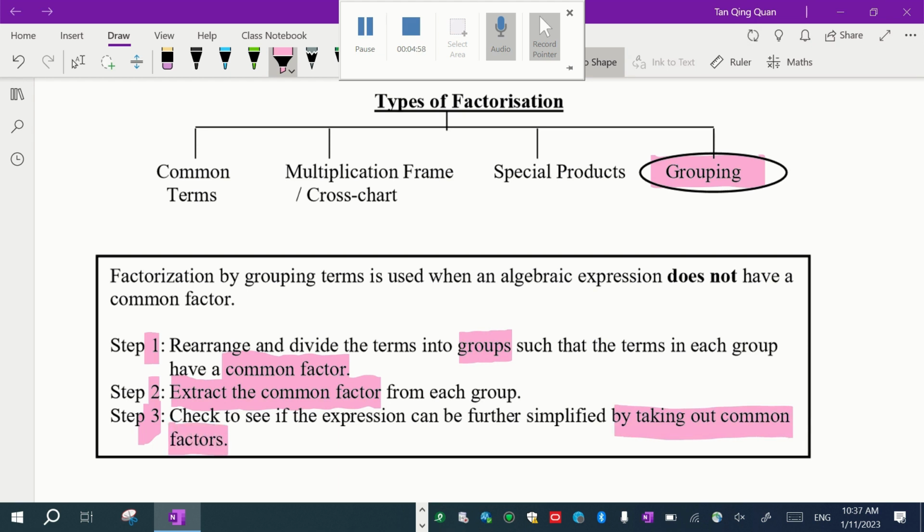Okay? The next part of the video will share with you more examples of these 3 steps. Alright? So stay tuned for more.